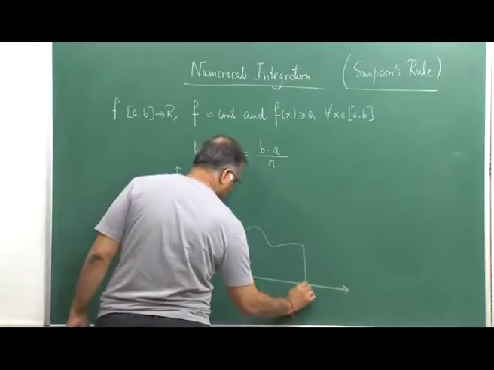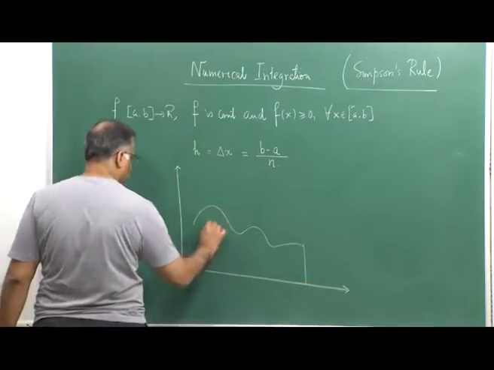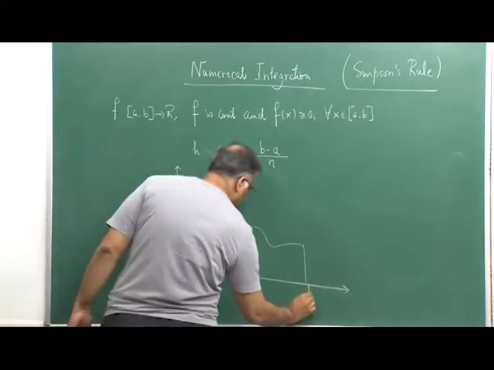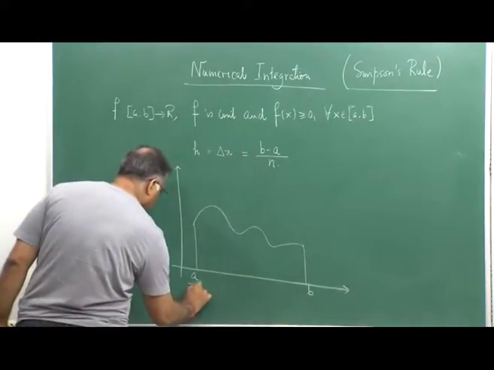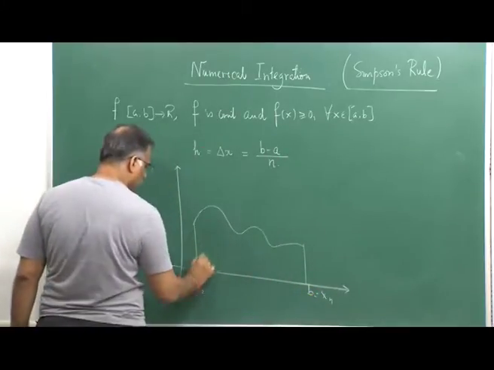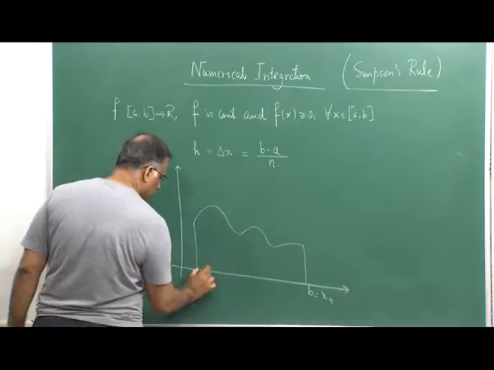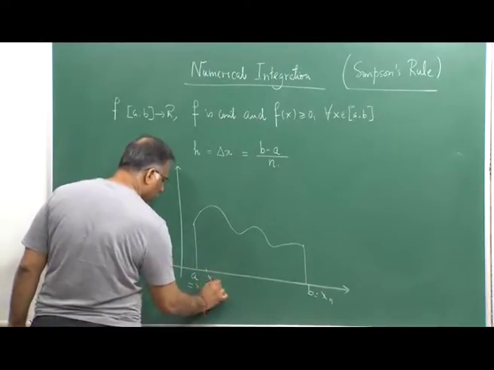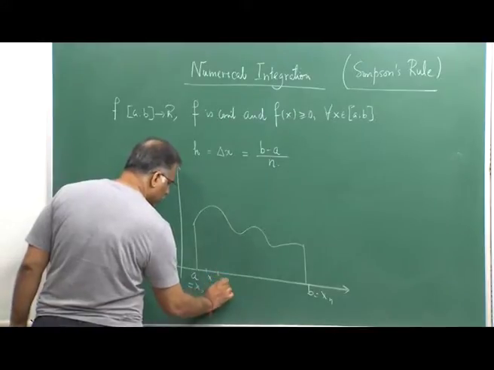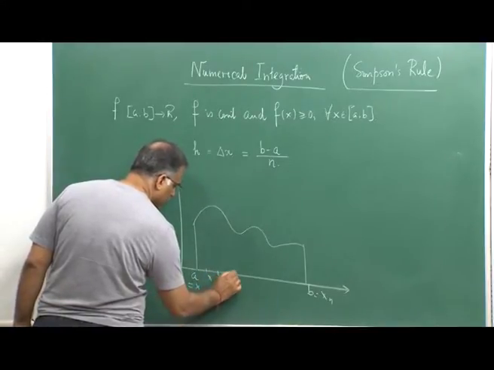It does not matter whichever way you draw it; I am just arbitrarily drawing it between A and B. Here is my x0, here is my xn, this is my x1, then this is my x2, this is my x3 and so on.